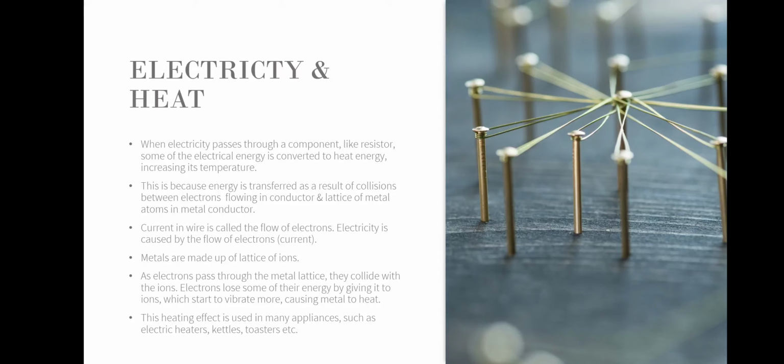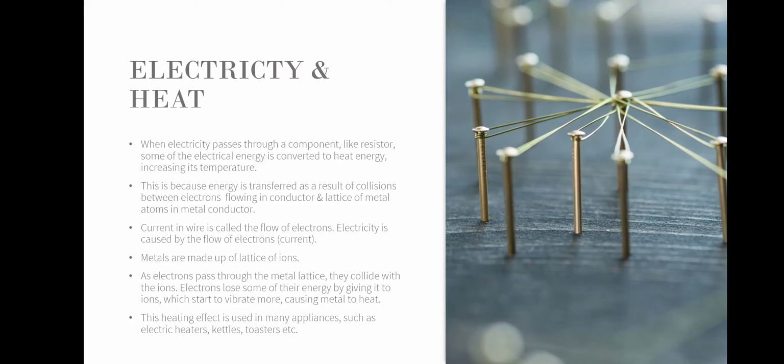Now the flow of electrons is called current, and electricity is caused by current. What happens is that as the electrons pass through the metal lattice, they collide with the ions in the metal, in the conductor, and electrons lose some of their energy by giving it to the ions, which start to vibrate more, causing the metal to heat.